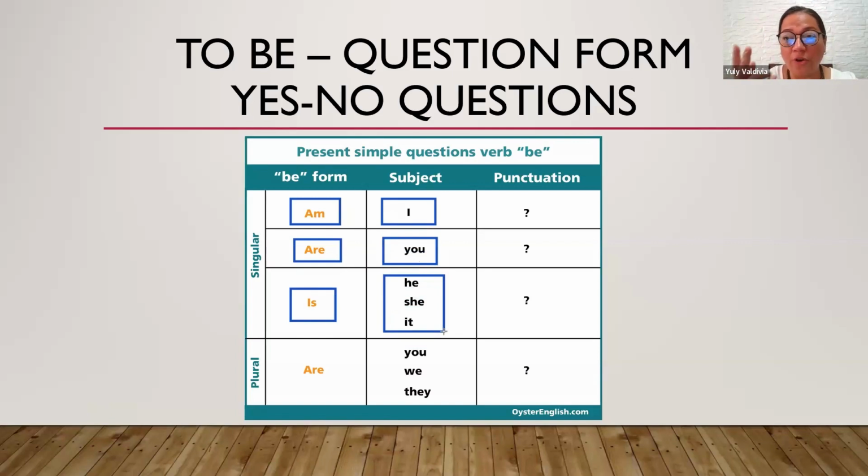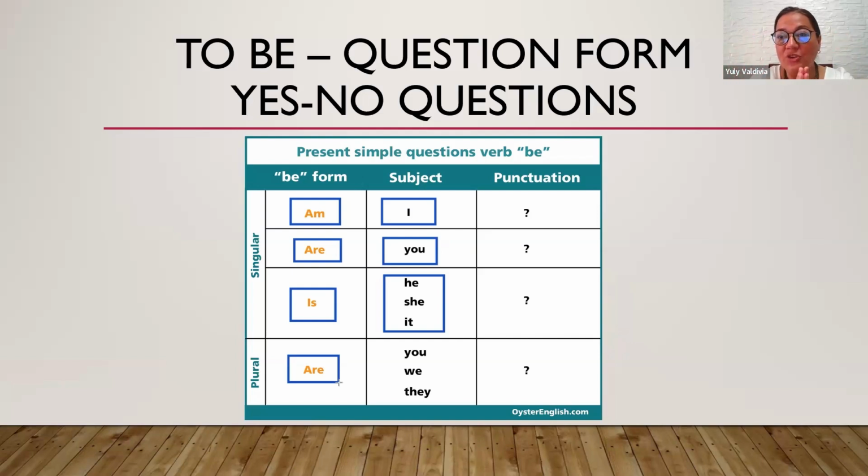So for the question form, what you have to do, guys, is change the order. Before, we used the subject pronoun, for instance I, and then we said am: I am. But that was when it was affirmative.